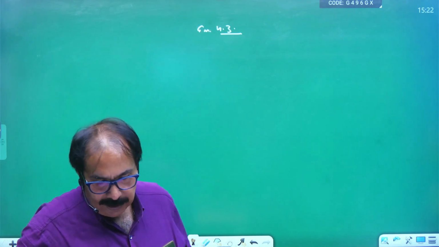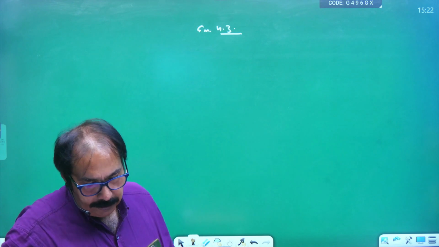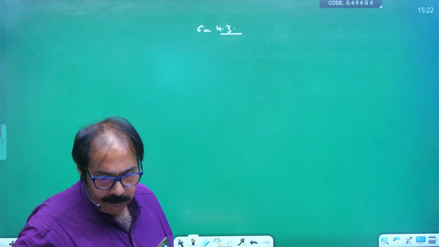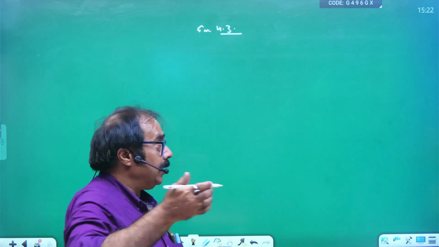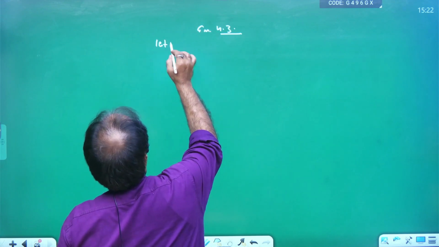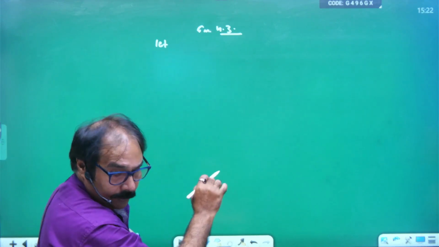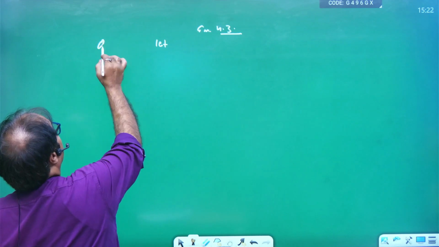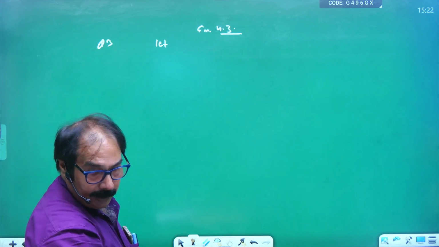If so, find the length and breadth. So is it possible to design a rectangle whose length is twice the breadth?